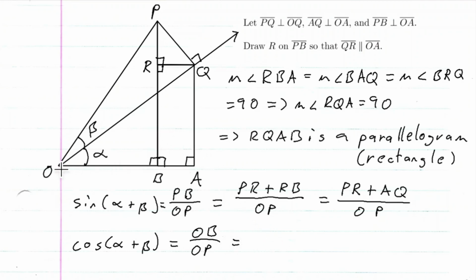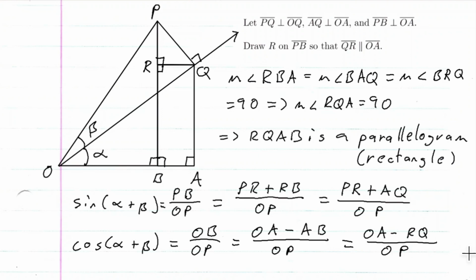And then we can write OB as OA minus AB, over OP. And instead of writing AB, we can write RQ, because we know this is a rectangle. So we can write OA minus RQ over OP.